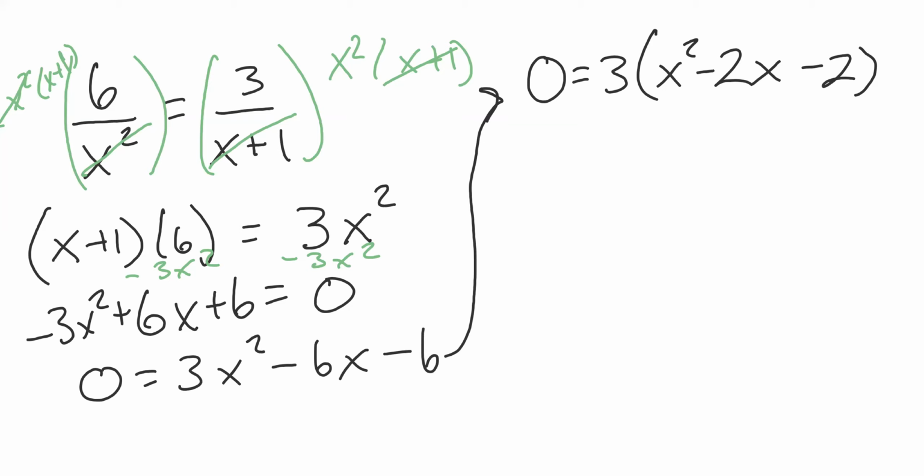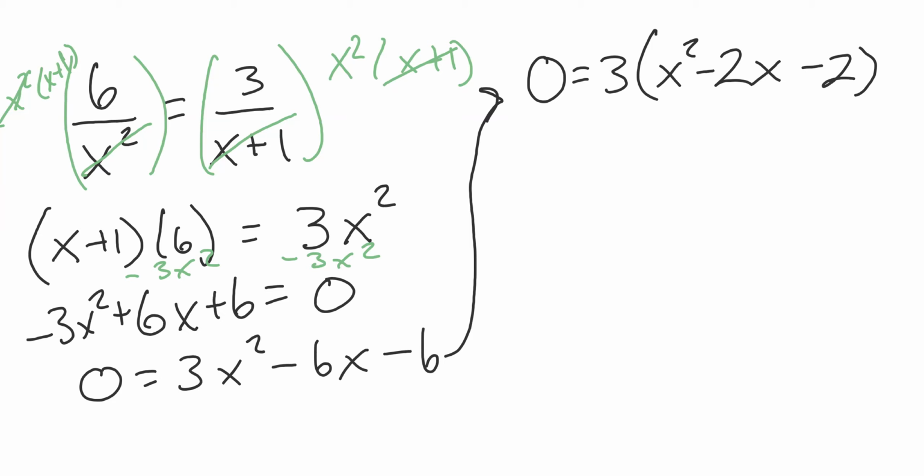So now let's try to factor this to get into a position to use our zero factor property. We need two numbers. They need to multiply to -2 and add to -2. Those two numbers don't exist. So in this situation, we can't factor.